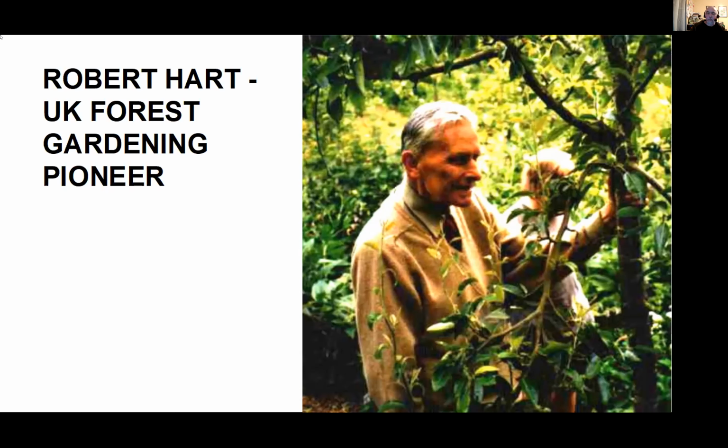He'd seen in Kerala and places like that in southern India what were called home gardens, where a lot of the houses would have their own self-sufficient gardens, providing a lot of their fruit and vegetables from perennial plants and fruit trees. He thought about how that system could be adapted in a UK context and modelled on the ecosystem of deciduous woodland, which is our dominant ecosystem here in the UK.